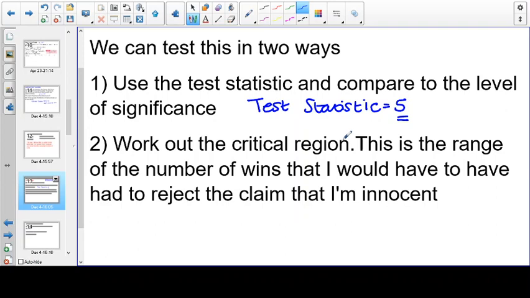It might be 6, it might be 7, it might be higher. Okay, so the critical region is in this case going to be the smallest number of wins that I would have had to have got in order to reject the claim that I'm innocent and prove that I'm guilty. Okay, so I'm going to show you both methods.